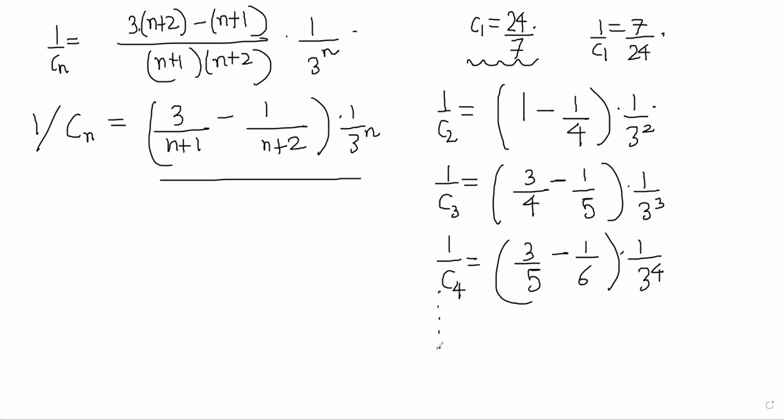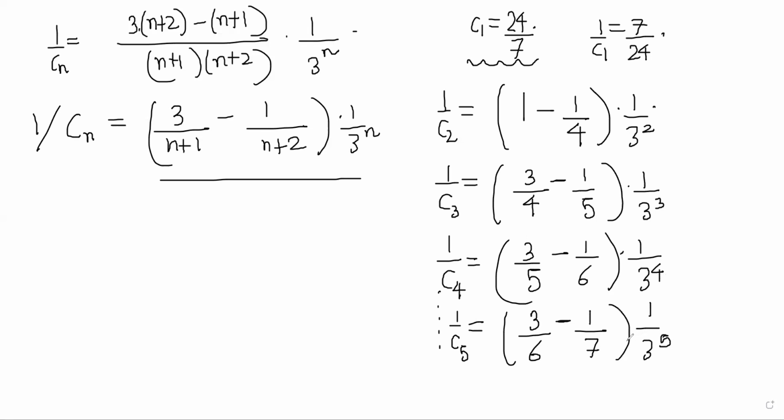So nothing immediately looks like it is getting cancelled so much. Okay, some stuff gets handled. I think 1 by C5 is 3 by 6 minus 1 by 7. Consecutive ones are cancelling.